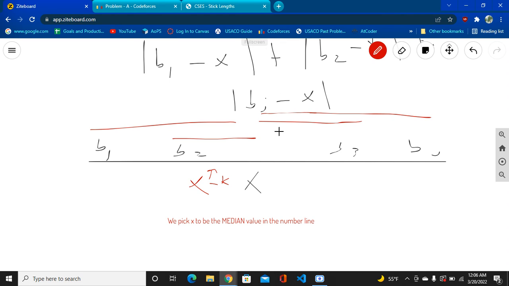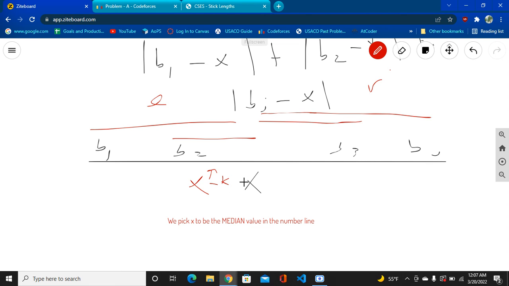Since x is the median value in the number line, let's say there are L values to the left and R values to the right.